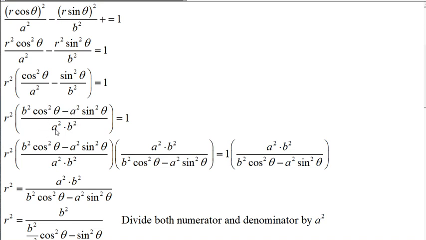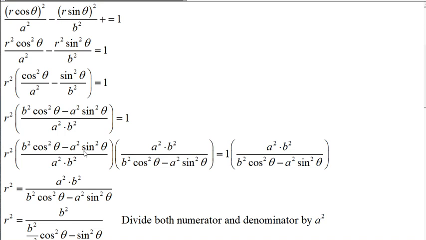To form the reciprocal, we just turn this expression upside down. And so the reciprocal of this expression is a squared times b squared divided by b squared cosine squared theta minus a squared sine squared theta. So we're multiplying the left side by the reciprocal and multiplying the right side by the reciprocal.